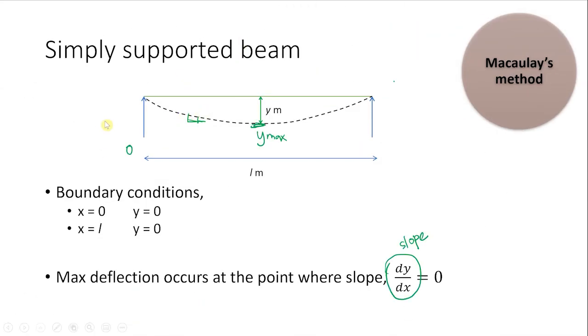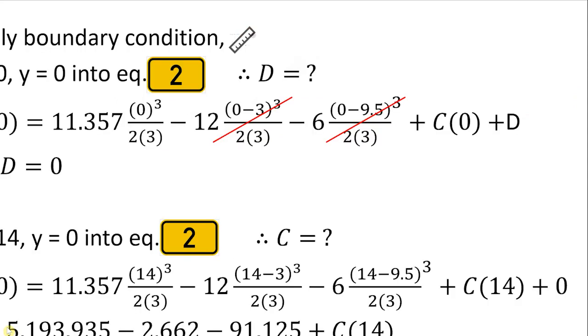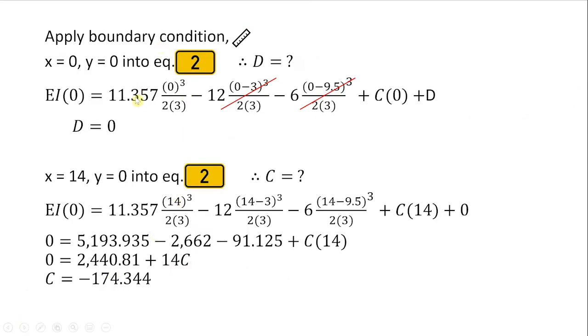Okay, first condition we have is x equal to 0 and y equal to 0. So supposedly over here when x is equal to 0, y will be equal to 0. So we're going to use that boundary condition. Look at here. Okay, x equal to 0, y equal to 0. You nampak y.